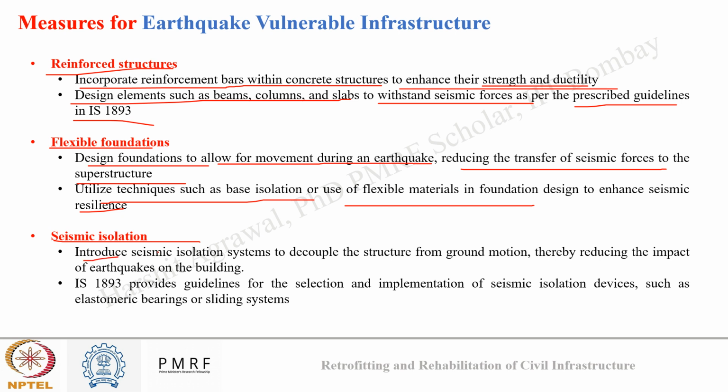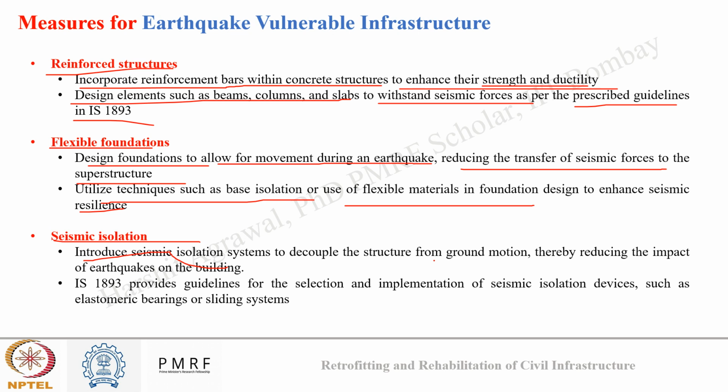Okay, seismic isolation. Introducing a seismic isolation system to decouple the structure from ground motion will reduce the risk from earthquakes, as we have already talked about in base isolation. IS 1893 also provides guidelines for selecting and implementing seismic isolation devices such as elastomeric bearings or sliding systems.